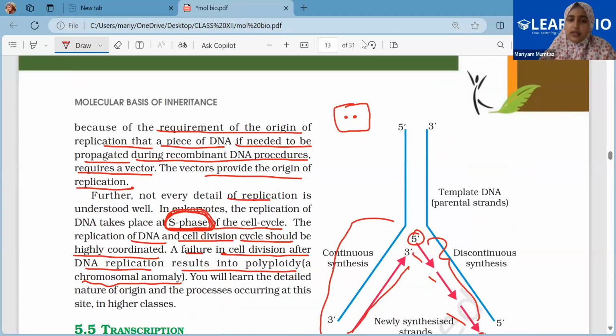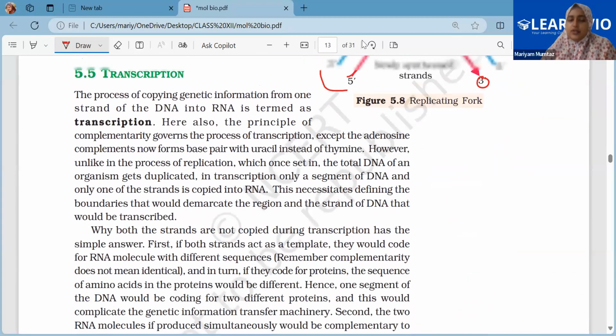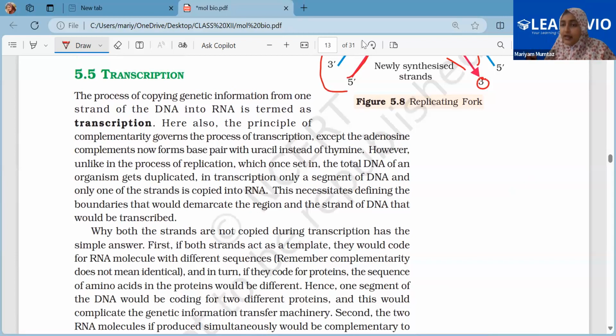Now moving forward, let us talk about transcription. The formation of RNA, more importantly messenger RNA, mRNA, from DNA is known as transcription. The process of copying genetic information from one strand of DNA into RNA is termed as transcription.